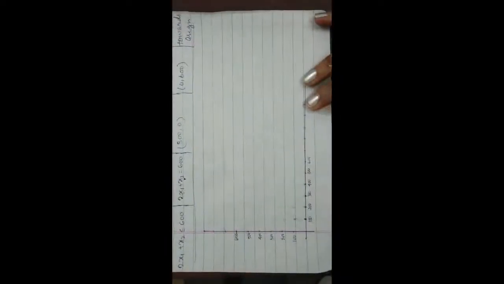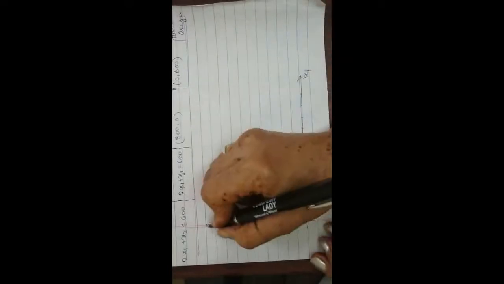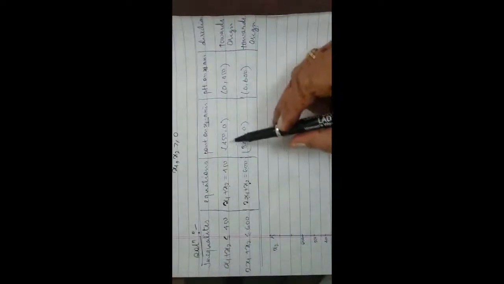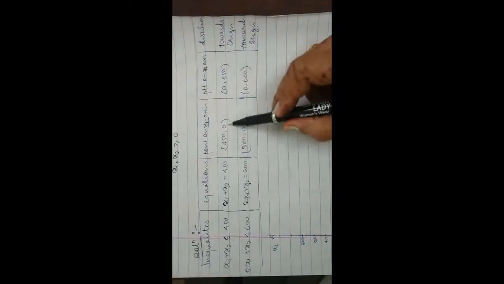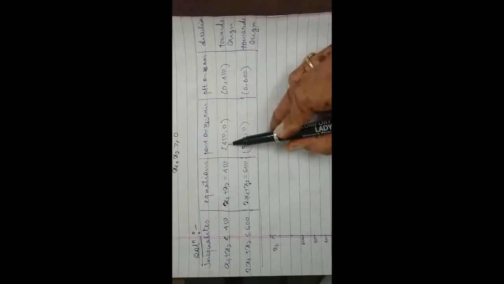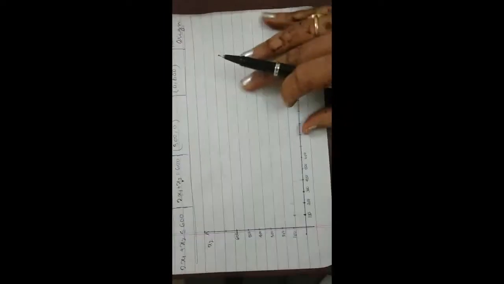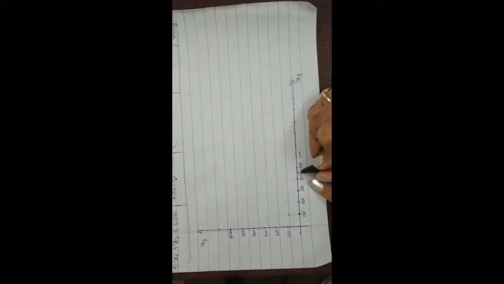I will draw the x1 and x2 axes. So my axes are ready. This is my x1 axis. This is my x2 axis. I'll plot this point, 450, 0. That means 450 on the x-axis, 0 on the y-axis, so I'll get 450 somewhere here. My second point is 0, 450, so this point will be somewhere here.